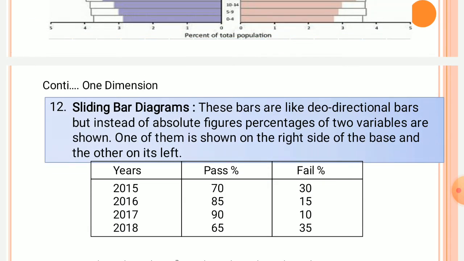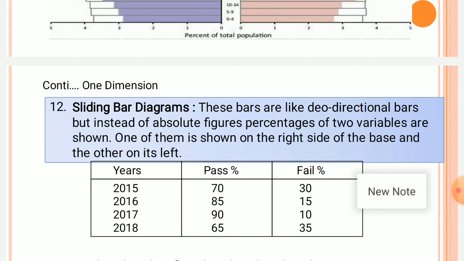Sliding bar diagrams. This is another diagram, and these bars are like bi-directional bars, but instead of absolute figures, the percentages of two variables are shown.